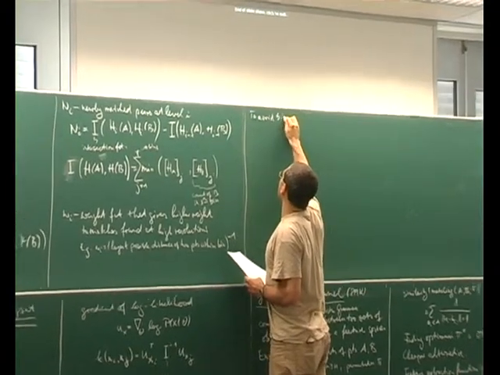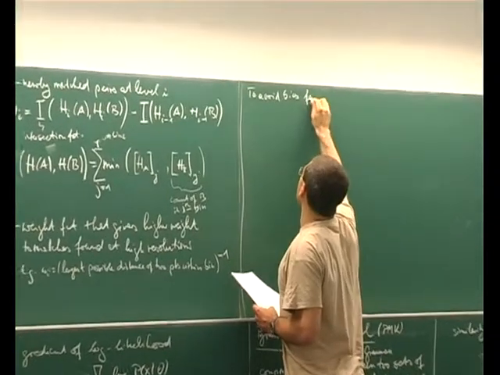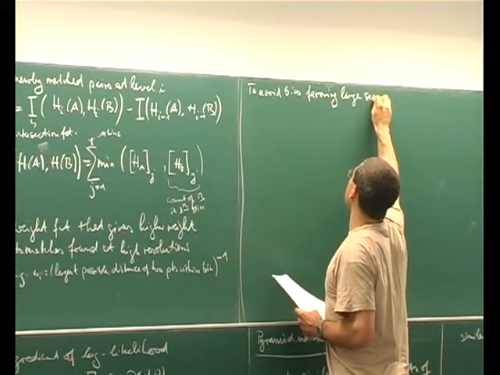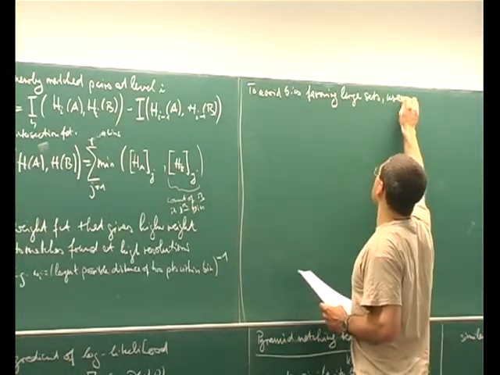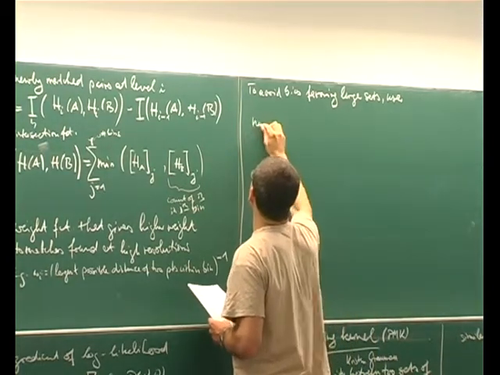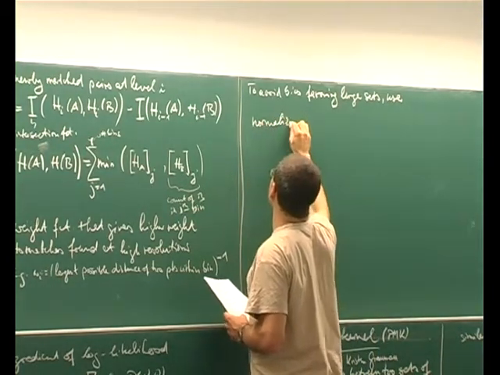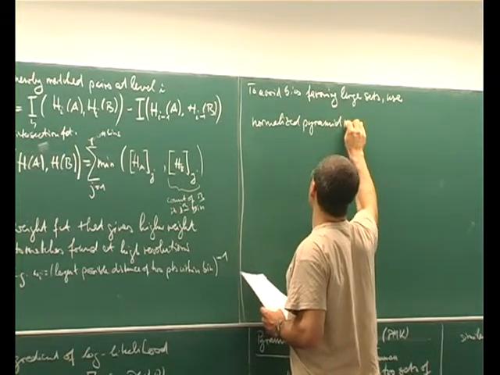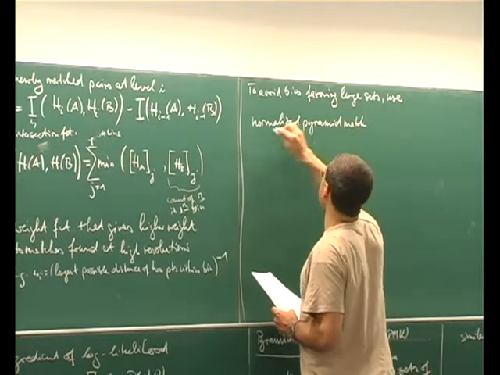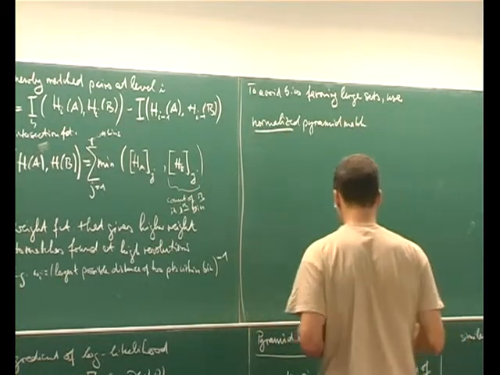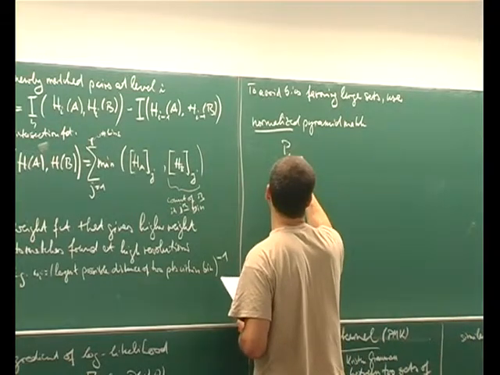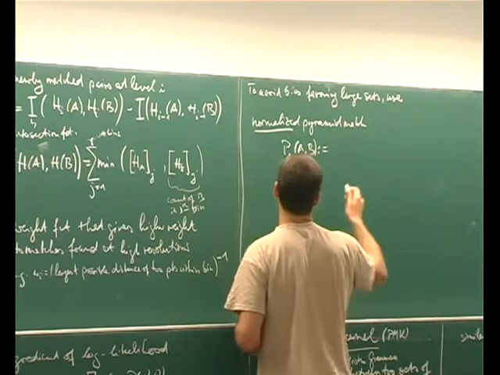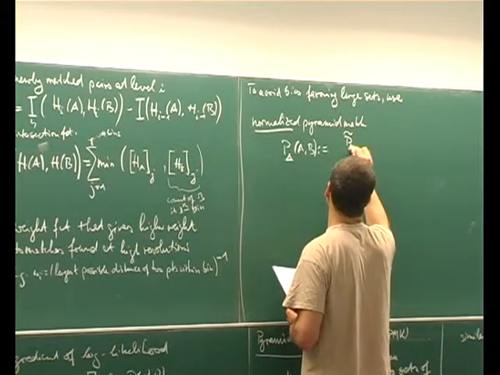So to avoid bias favoring large sets, you can use the normalized pyramid match, which is defined in terms of the unnormalized one as follows.